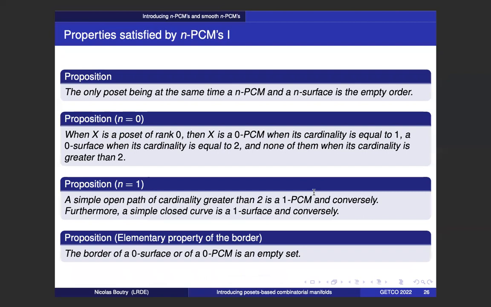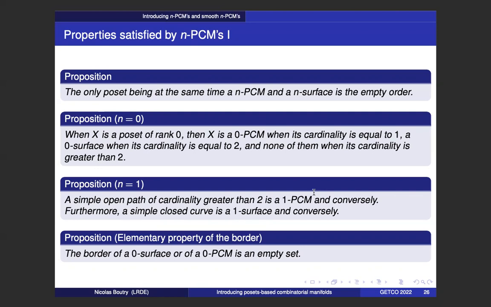So the topological properties are very basic. This one, in fact, the n-PCM being at the same time a PCM and a surface is an anti-order. It is very useful sometimes. When n is equal to 0, X is a poset of dimension 0. Then X is a 0-PCM if we have only one element. If we have 2 elements which are not neighbors, it is a 0-surface. And if we have 3 elements or more, it is nothing in this context.